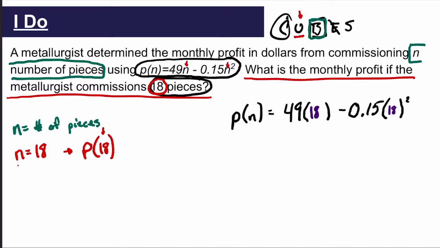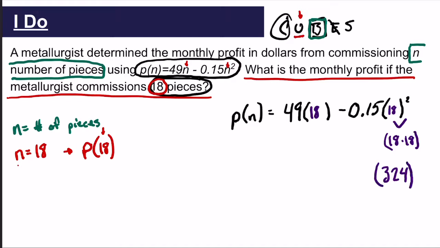This means 18 squared. 18 squared is just 18 times 18. If you use your calculator, 18 times 18 is 324.